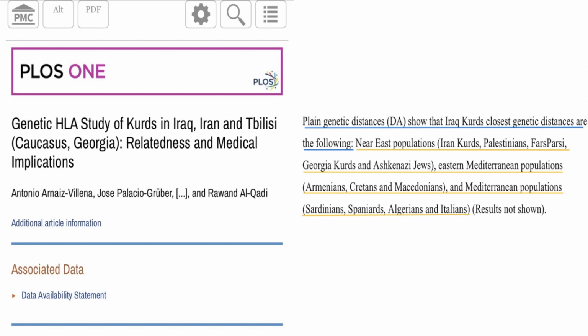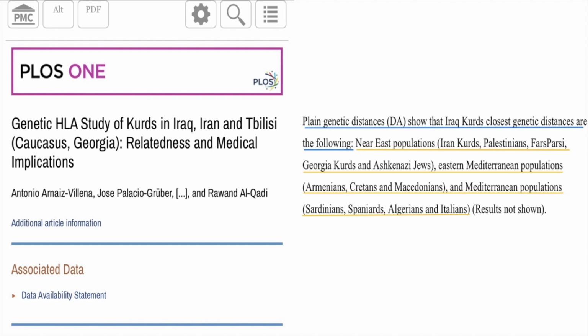So this is from Genetic HLA Study of Kurds in Iraq, Iran, and Tbilisi, Caucasus, Georgia, relatedness and medical implications, and it reads, plain genetic distance DA show that Iraq Kurds' closest genetic distance are the following: Middle East populations, Iran Kurds, Palestinians, Fars Parsi, Georgia Kurds, and Ashkenazi Jews.